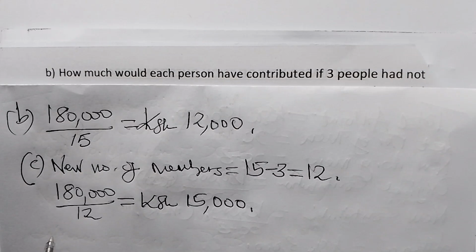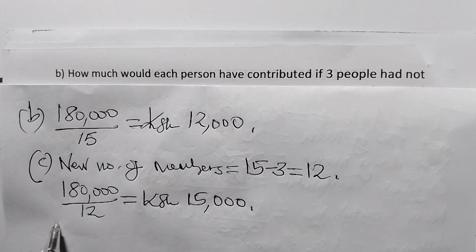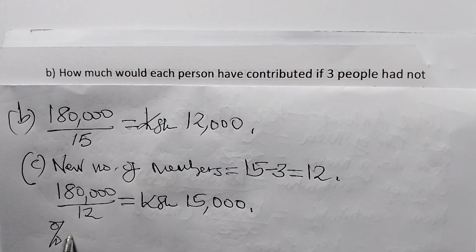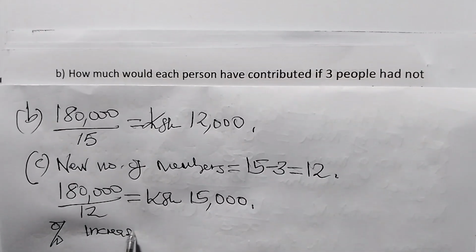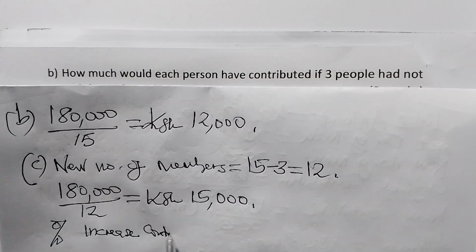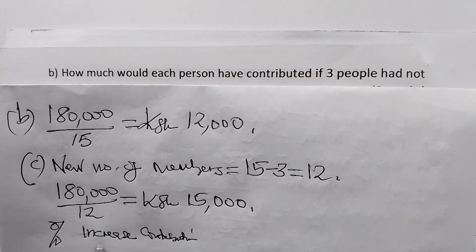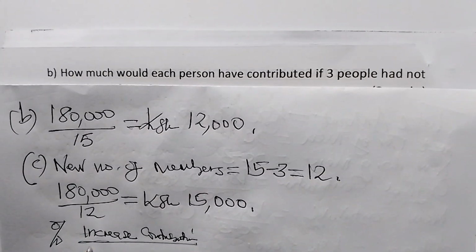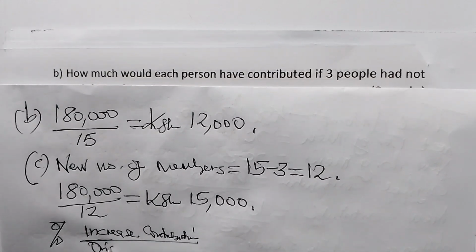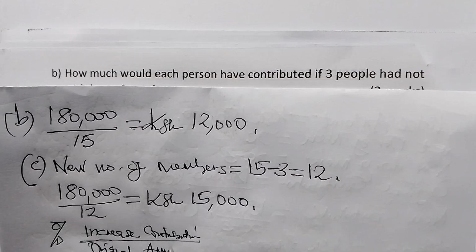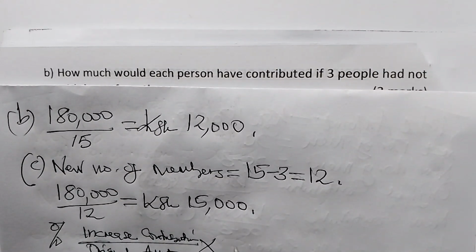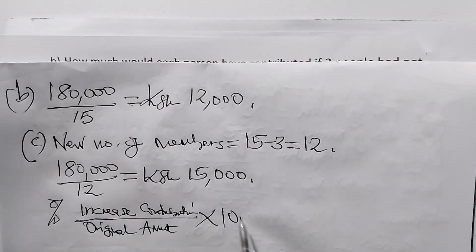So to get the percentage increase, we are going to get the increase in contribution divided by the original amount to be contributed, multiplied by 100%.